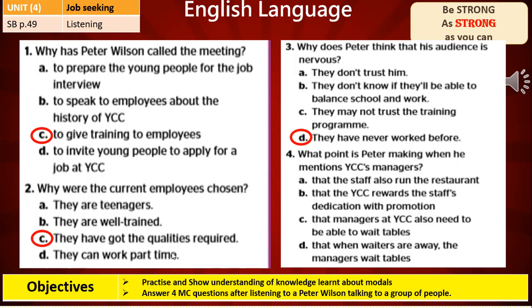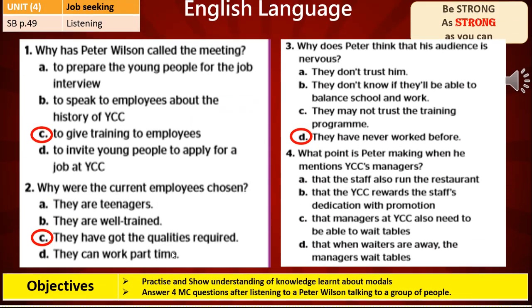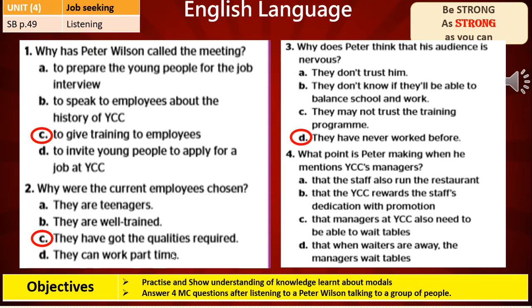That the staff also run the restaurant, or that the YCC rewards the staff's dedication with promotions, or the managers at YCC also need to be able to wait tables, or he was pointing that when waiters are away, the managers wait tables. Your answer is the second. He was referring to the YCC rewarding the staff's dedication with promotion? Sure? Great.